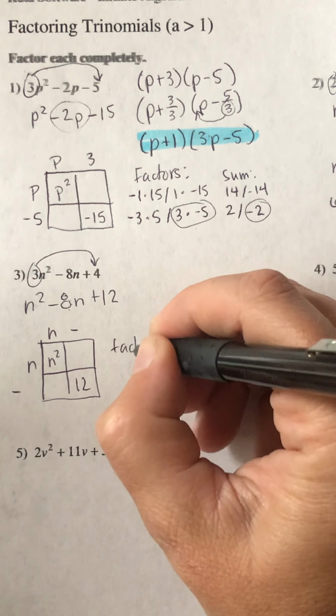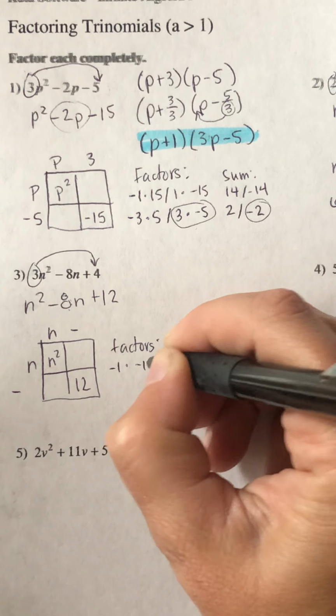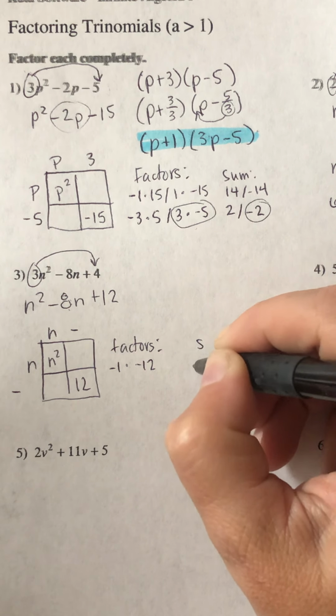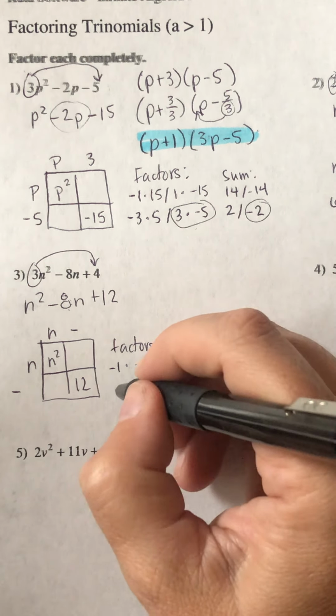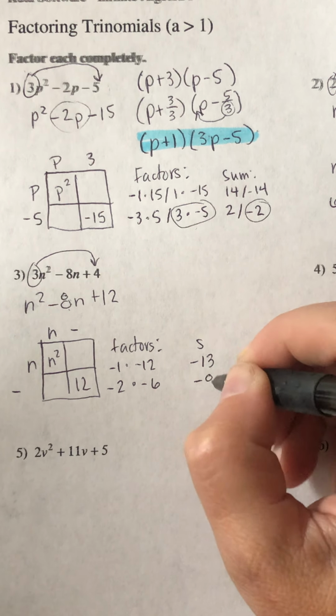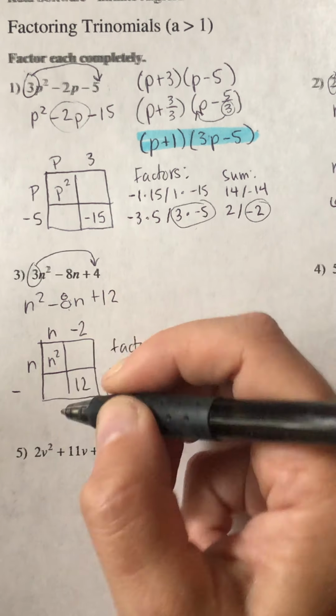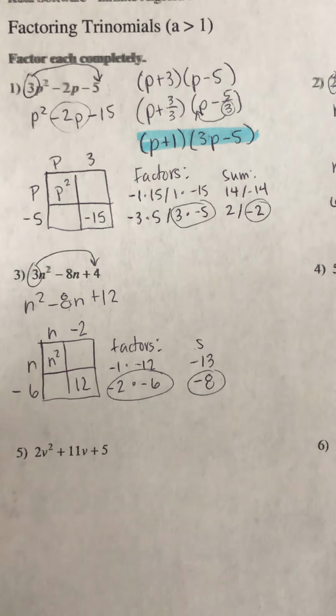So our factors are going to be negative 1 times negative 12. It's going to give us a sum of negative 13. Negative 2 times negative 6, which is going to give us a sum of negative 8. And that's what we want, so we'll use these two factors, negative 2, negative 6.